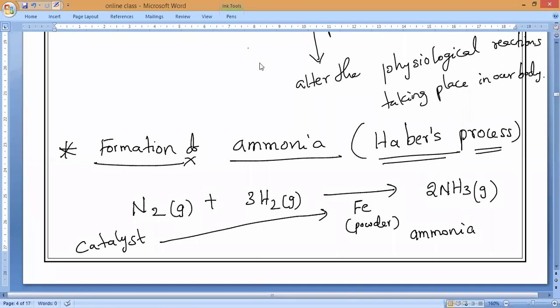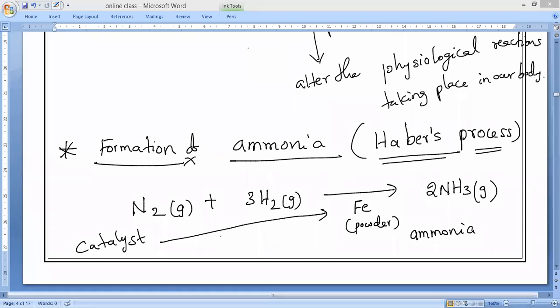Iron powder. That is what we say. Remember.